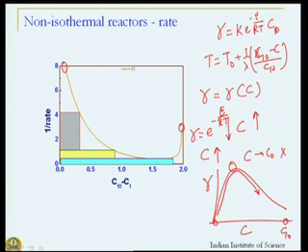Now, if you recall, we talked about design equations for plug flow reactor and stirred tank reactor. The design equations are still the same, because we have now written what is for stirred tank reactor.